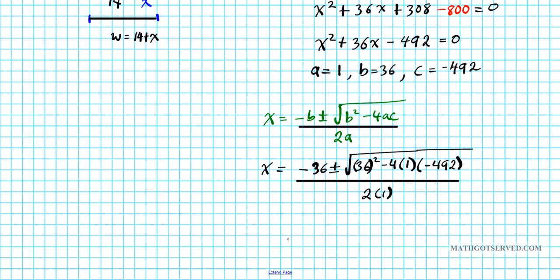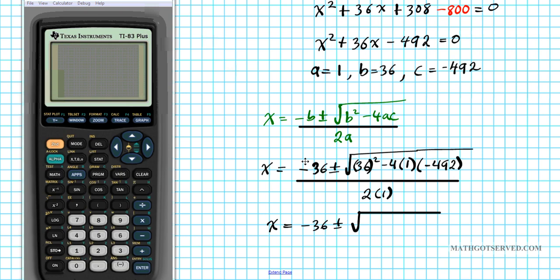All right, let's go ahead and simplify. We have x equals negative 36 plus or minus the square root. Now I'm going to have the calculator do the heavy lifting here, to carry out this arithmetic computation of our radicand. So we're going to do 36 squared minus 4 times negative 492.